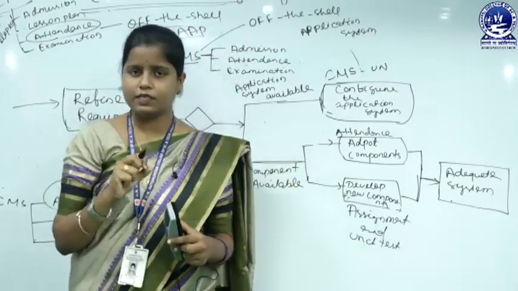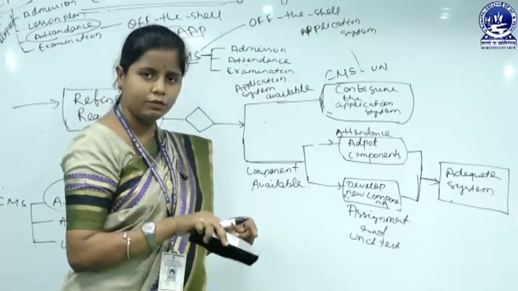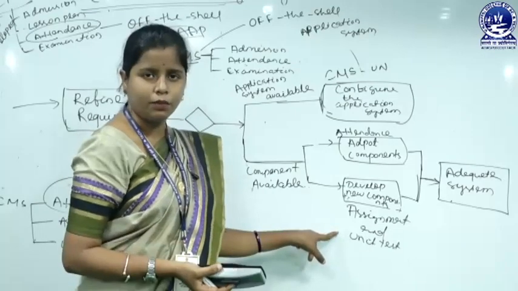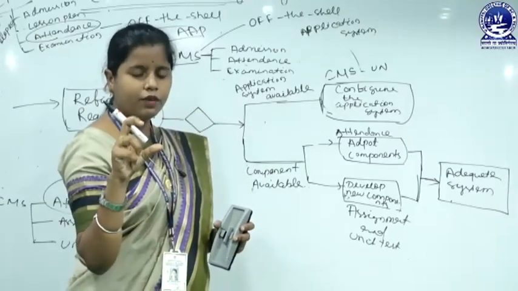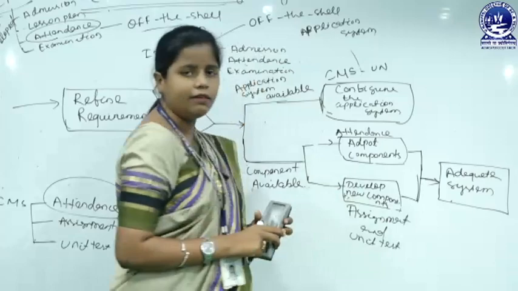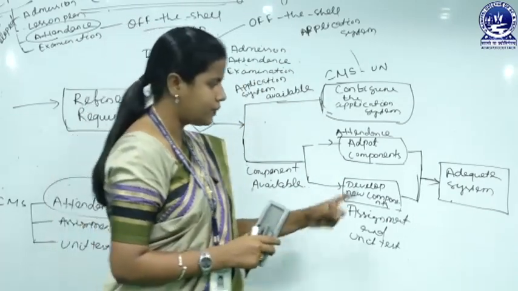There we can make some changes, and here if the component is available, we have to adapt the component which is actually available, and we have to design some new components. Then after designing, we have to configure and integrate the adapted component and the newly developed component, then we will get an adequate system.